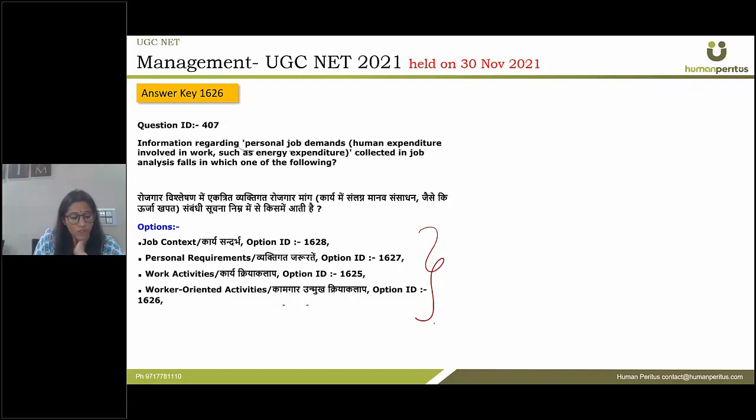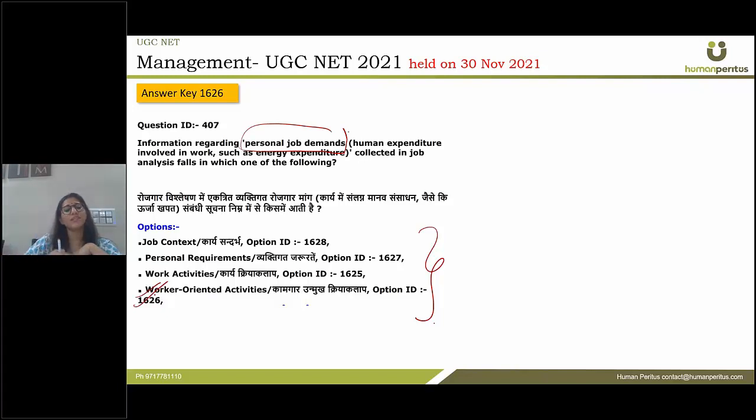So for this personal job demands thing, this is a sub-component of worker-oriented activities. This worker-oriented activities component includes personal job demands and the communication gaps or the physical actions on the job, another thing.